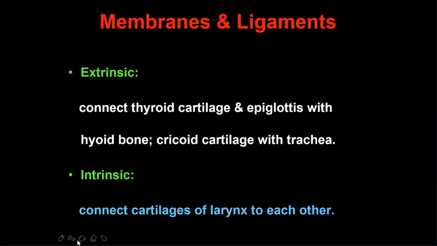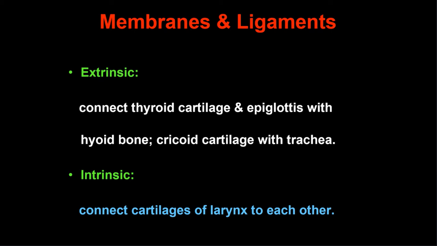So extrinsic and intrinsic membranes. The membrane means the fibroelastic tissue which connects two parts of the larynx, or connects the larynx to a structure outside the larynx. If the membrane is attached from within the larynx to the outside, for example the hyoid bone, those membranes are called the extrinsic membranes.